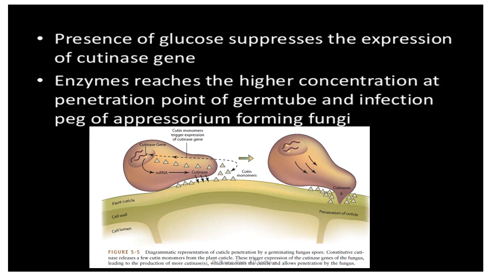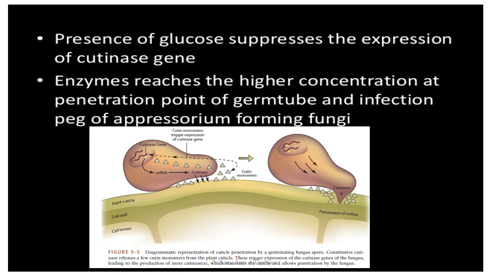The enzyme reaches a higher concentration; cutinases are present at the penetration point of the hypha at the infection phase of the episporium. Here you can see the plant surface, and after landing, the pathogen secretes a cutinase enzyme that further triggers and induces the production of more cutinase enzyme for softening of the plant surface, and further it invades deep-seated tissue.